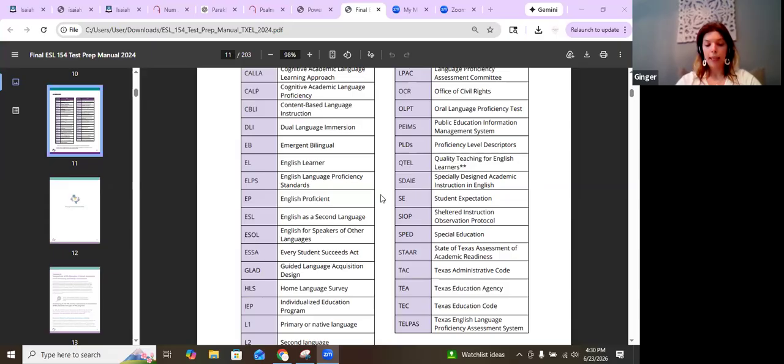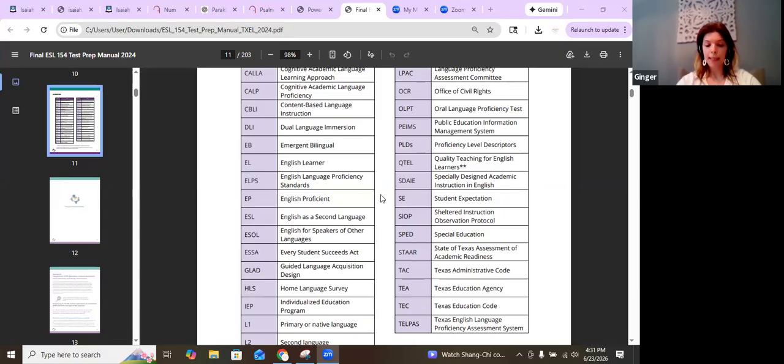Cross-curricular ELPS. Cross-curricular ELPS, or ELPS: student expectations for content area performance. Cross-curricular ELPS focus on cognitive and practical language skills that EL students need in order to learn disciplinary content while also learning English.